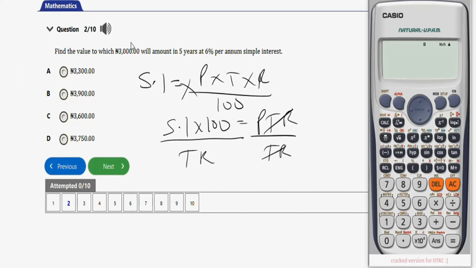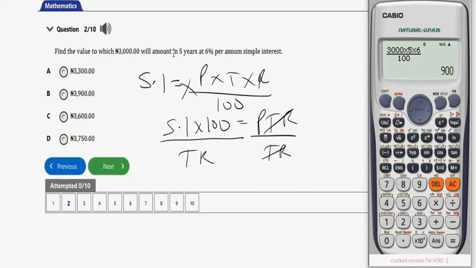We already have one of the two things we need, so let's get the interest now. The principal here is 3,000 times the time, 5 years, times the rate, 6, over 100. That gives 900. The 900 is the simple interest.